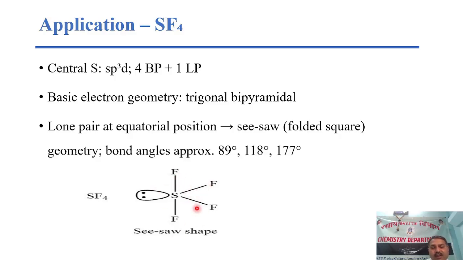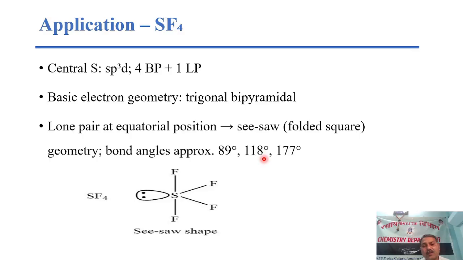Out of these 3 equatorial positions, 2 are occupied by fluorine atoms and 1 by the lone pair, and the remaining axial positions are occupied by fluorine atoms. So the expected bond angles in this molecule are 90, 180 and 120. But because of the repulsion between lone pair and bond pair, these bond angles get reduced. That is, instead of 90, it is 89 in between these.